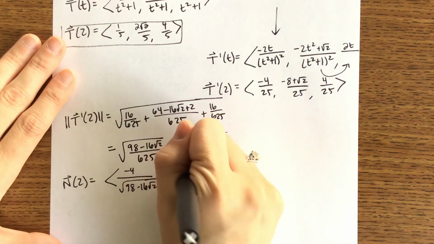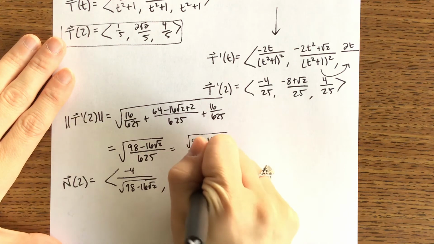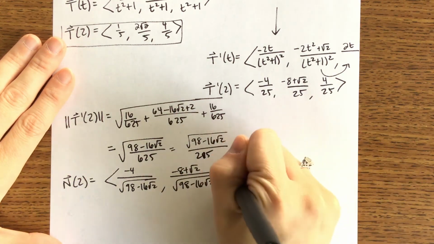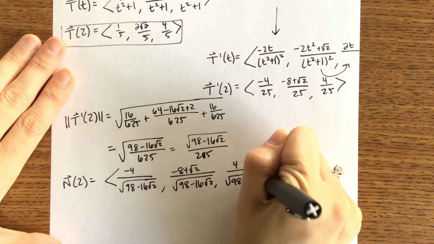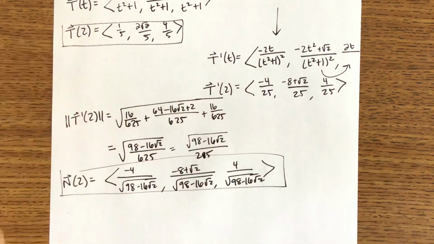Then we get negative 8 plus root 2 divided by the square root of 98 minus 16 root 2. And then 4 divided by the square root of 98 minus 16 root 2. And that's our unit normal vector.